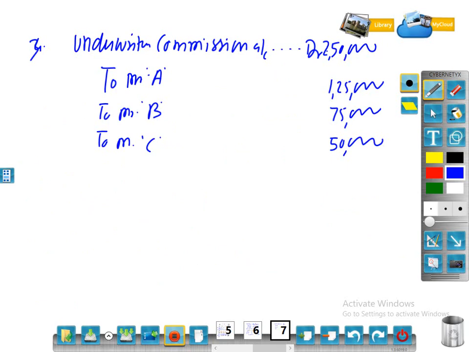Received means the fourth entry: bank account debit. This is the settlement entry.